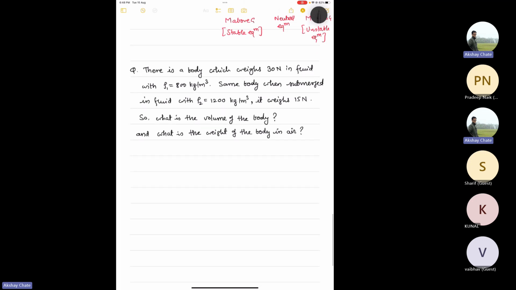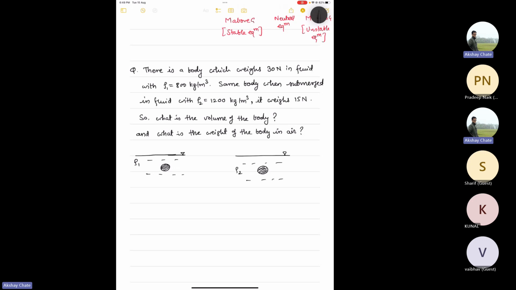So let's say this is your first liquid, and this is that body, and it is fully submerged. So this is your liquid level, and similarly you'll have another fluid, same body, submerged completely with second density.